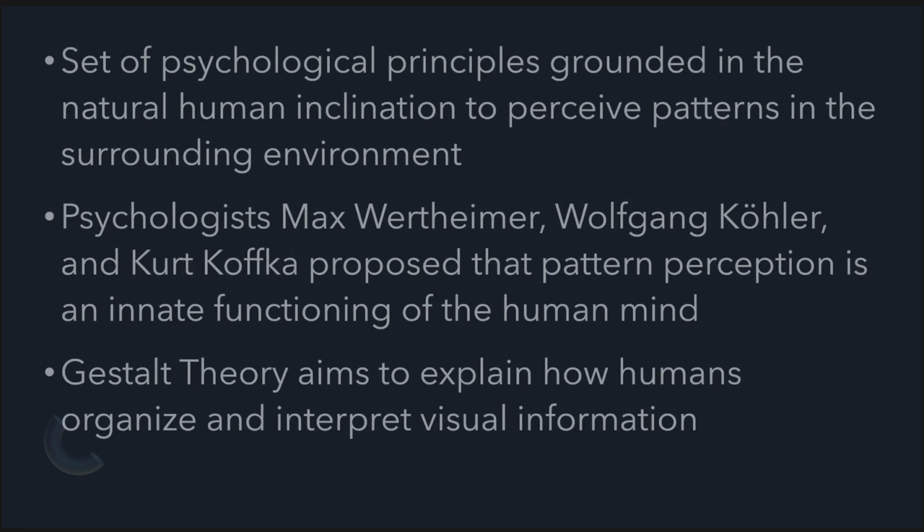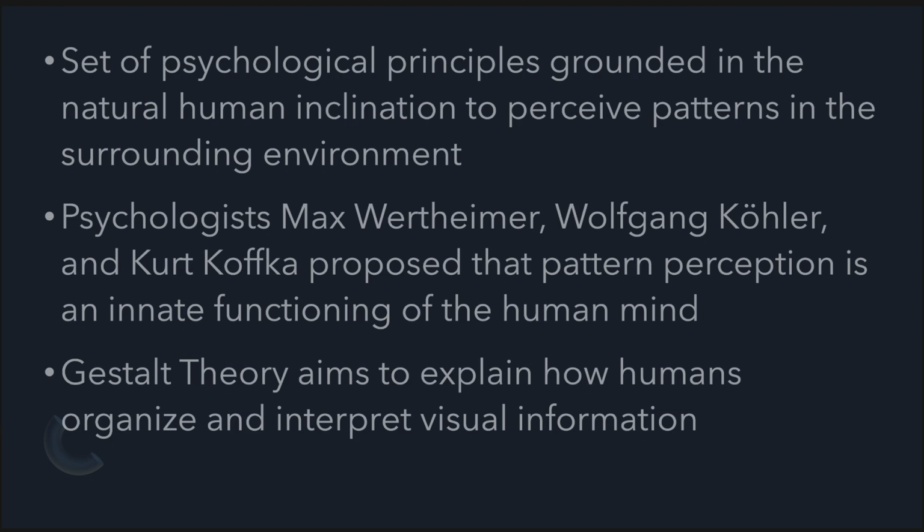It's a set of psychological principles that a set of psychologists came up with in order to explain how people perceive things, how they perceive objects, what makes them consider a set of objects to be together or apart. So how are we organizing and interpreting information in our head? Essentially, this theory is trying to explain how humans organize and interpret visual information.